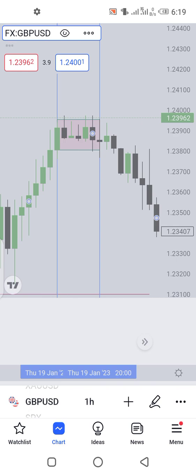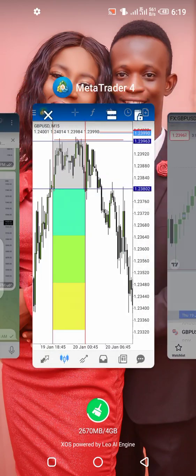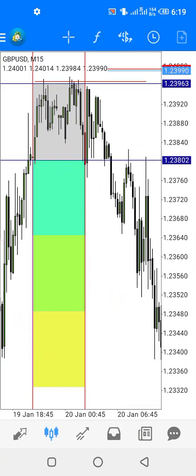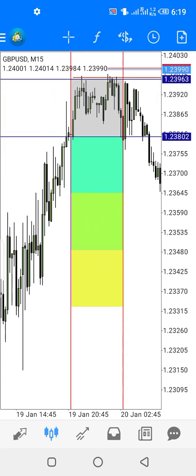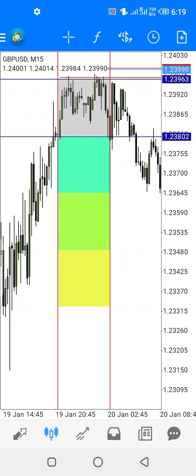Now, the central bank's dealing range is 14 New York time to 20 New York time. Transpose that to MT4 or MT5. This is the timing. Now this place in ash is the central bank's dealing range.